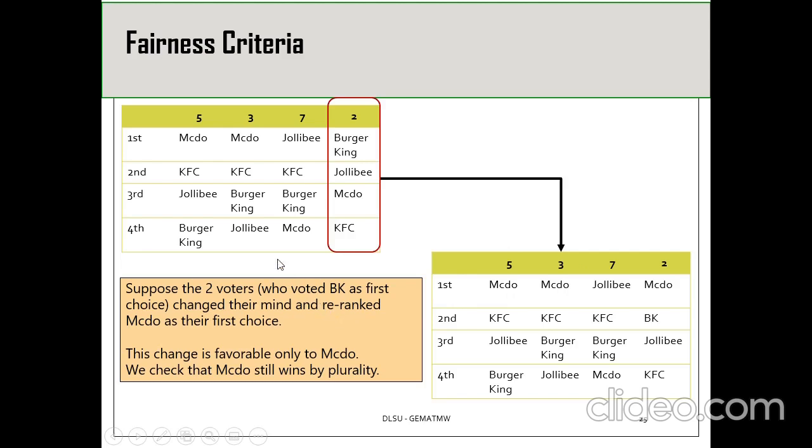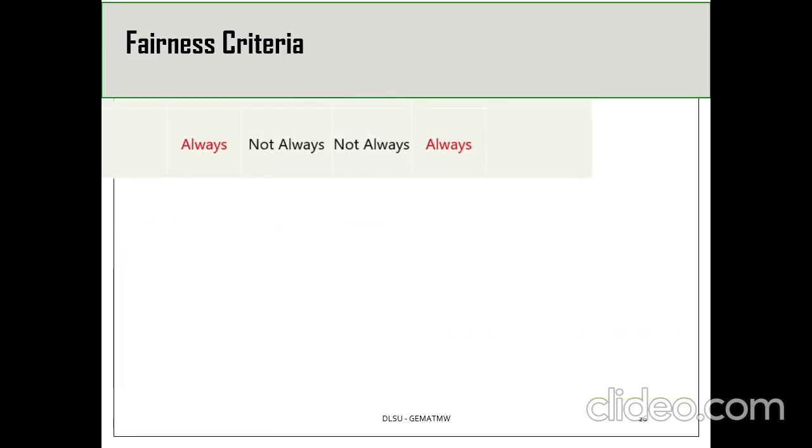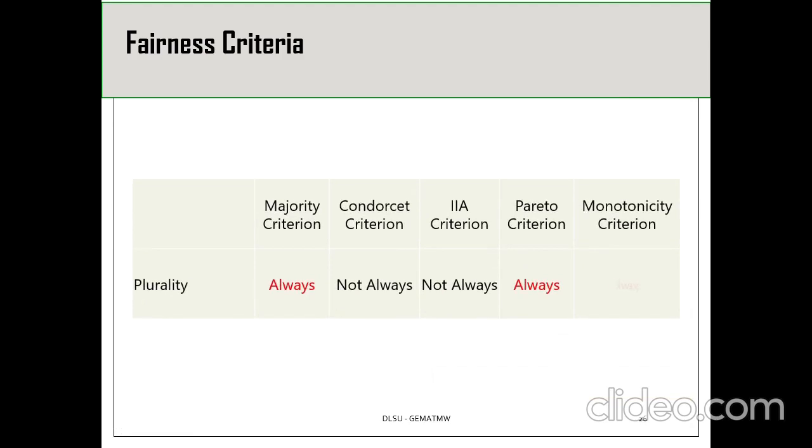So in this case, the plurality method satisfies the monotonicity criterion always. That is, if the changes that we made are only favorable to the winning candidate, then that winning candidate still wins by plurality.